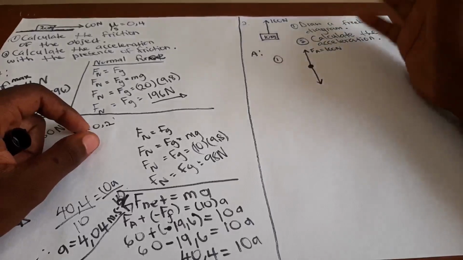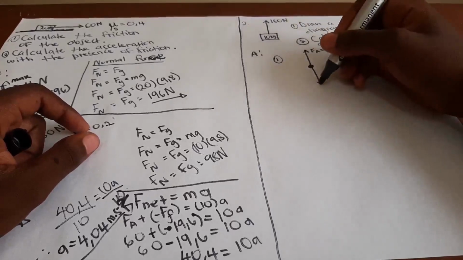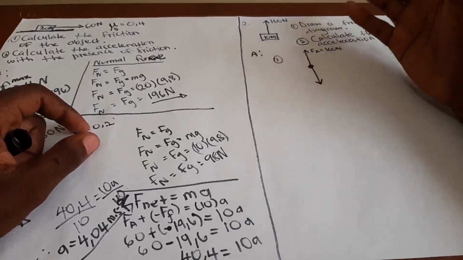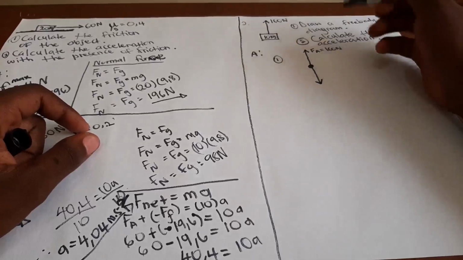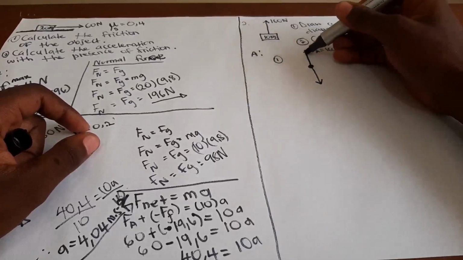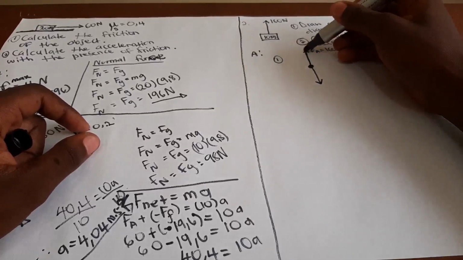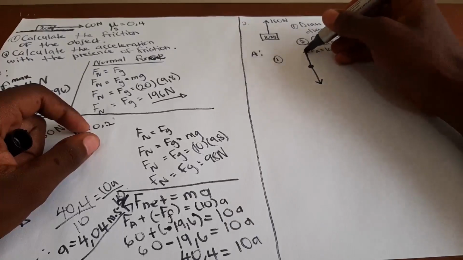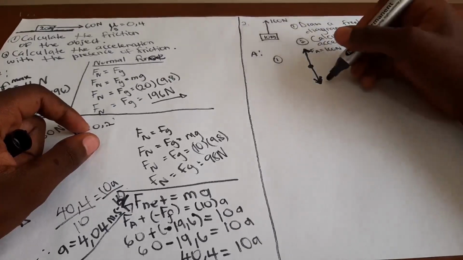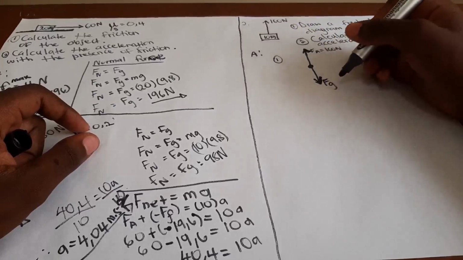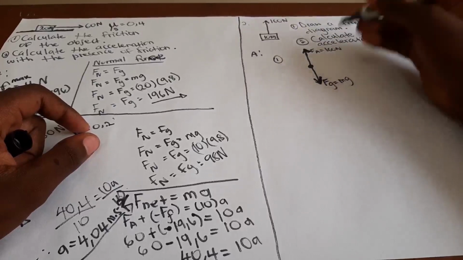Again, look at your magnitudes, guys, the length of your vectors when showing the forces. The applied force vector must be longer, and the gravitational one must be shorter. So this is our Fg, which is equal to mg.